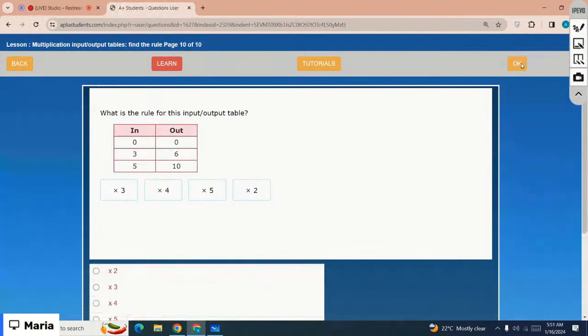What is the rule for the input output table, which is the correct option? The input values are 0, 3, 5. The output values are 0, 6 and 10, which is the correct option.